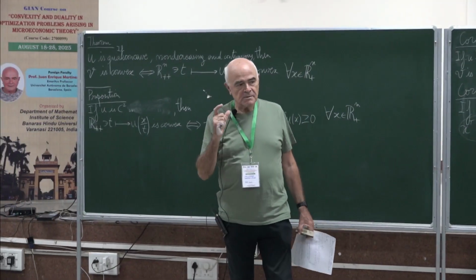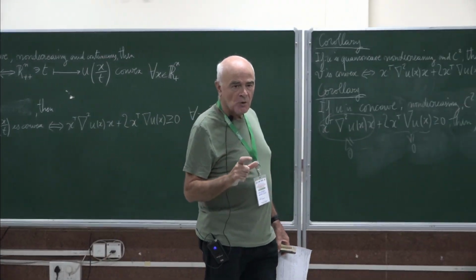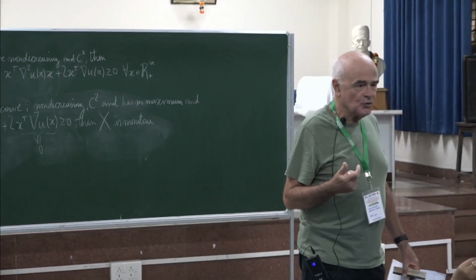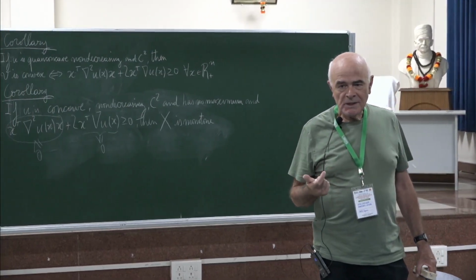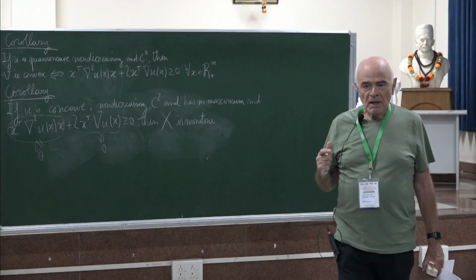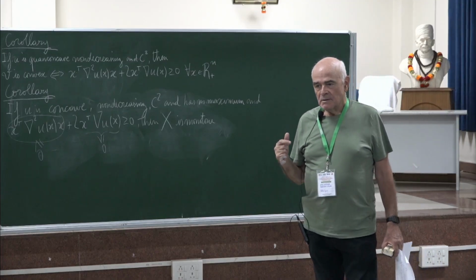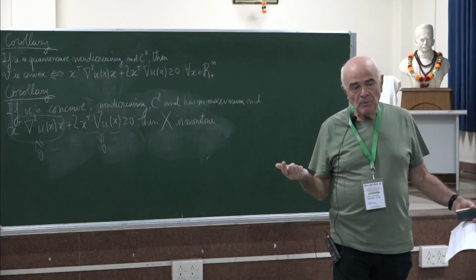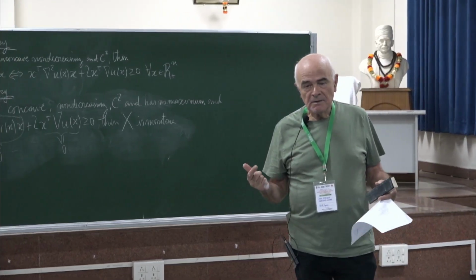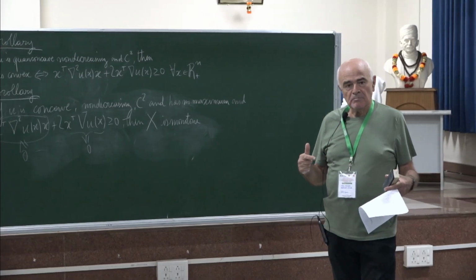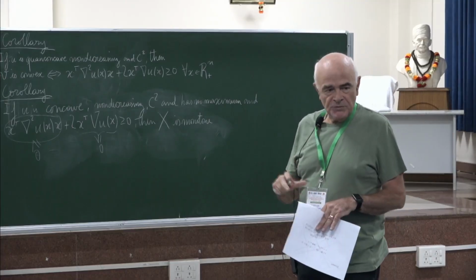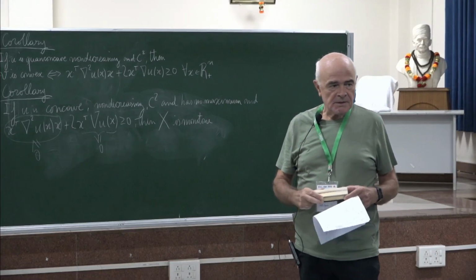So the idea I'm trying to convey is that concavity of U and convexity of V are somehow conflicting. They are in opposite directions. They are not incompatible, but let's say the more concave U is, the less convex V is, in a sense.